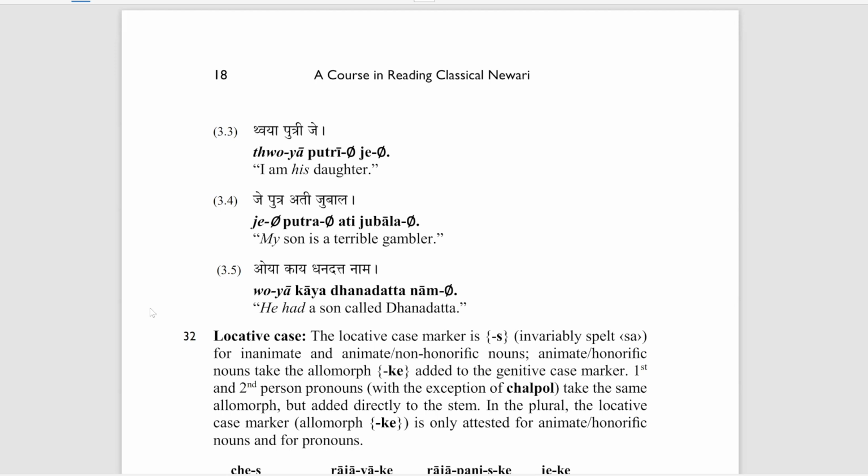Waya gaye, Dhanadatanam just follows this noun to tell about his name. So he has a son. We can translate this as he has a son, right? Well, it has a little bit of a sense of he has something, but you can also just put his son. Okay, his son is named Dhanadatta. Yes, exactly.